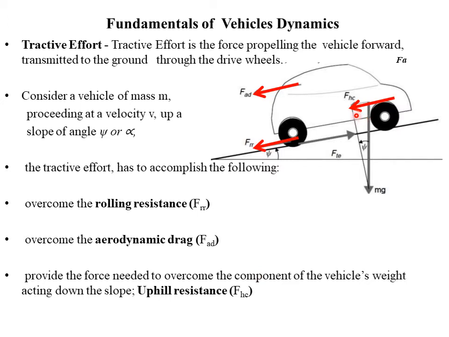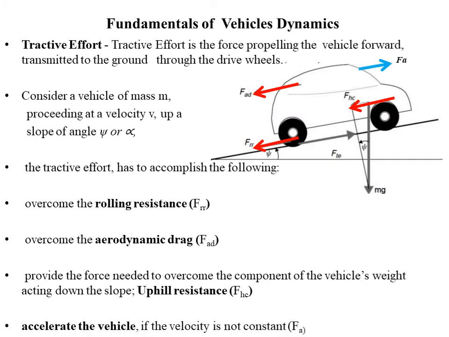This resistive force occurs when the vehicle is moving on an inclined plane: there will be a component of the weight of the vehicle acting opposite to the motion of the vehicle, and that is represented by FHC, the uphill resistance or the hill climbing resistance.